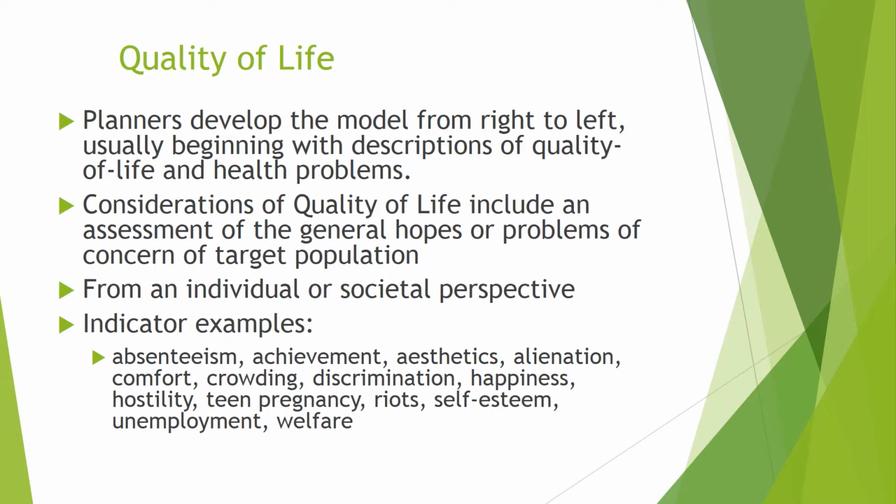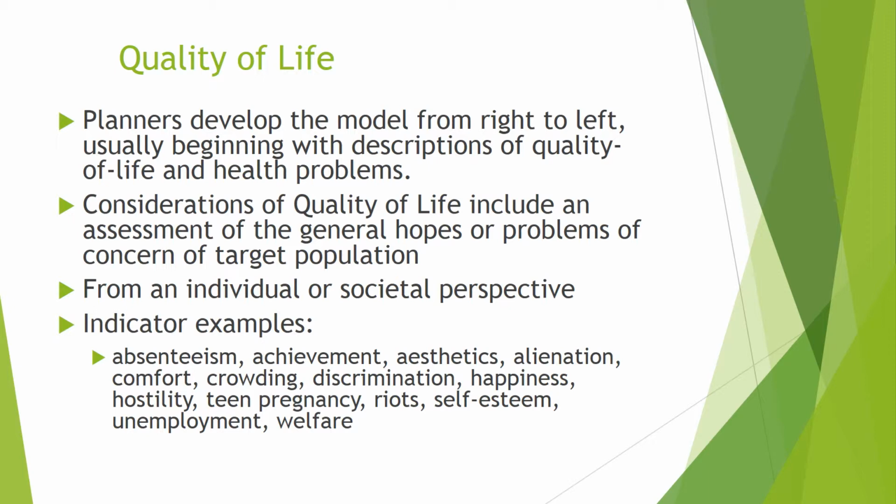There's a list at the bottom of this slide of different indicators that might be used to assess quality of life, such as absenteeism. In our society we believe that education is something to aspire to, and that's why we send kids to school and why absenteeism is a problem. So we might measure quality of life using absenteeism at school.